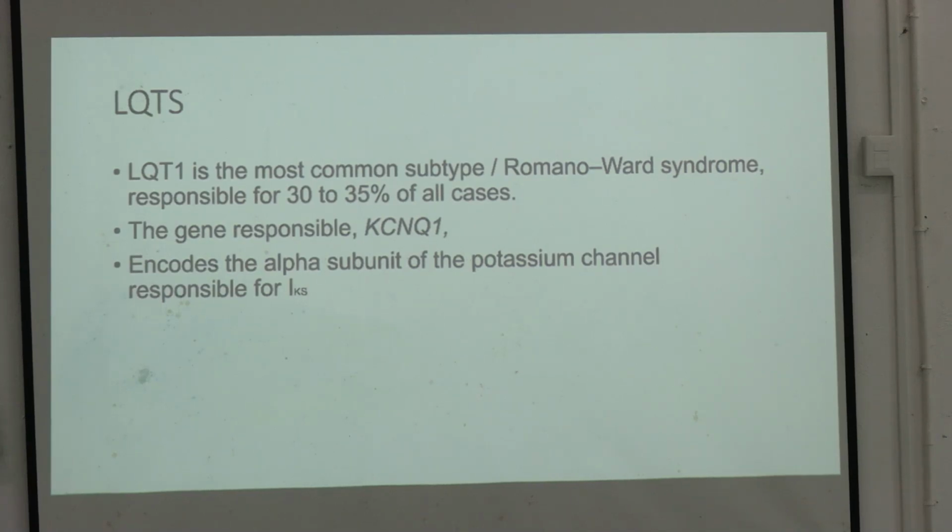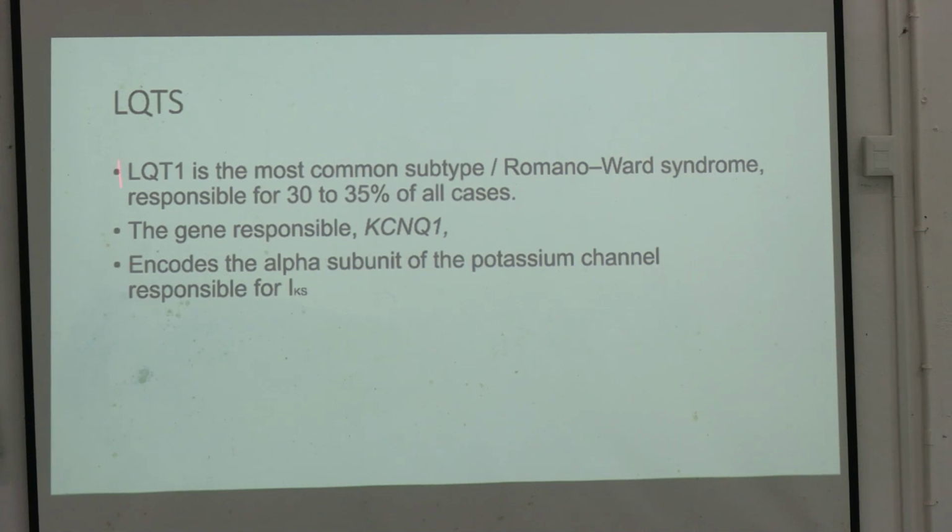Right now, just remember, long QT syndrome is a genetic disease. In ECG, we measure a particular interval called the QT interval, and when this QT interval is prolonged, we call it long QT syndrome. It is due to genetic mutation of different ion channels responsible for action potential in the myocardium or SA node, right?